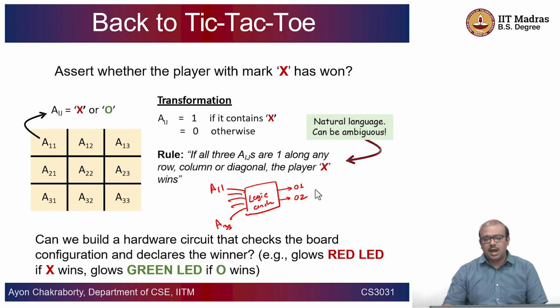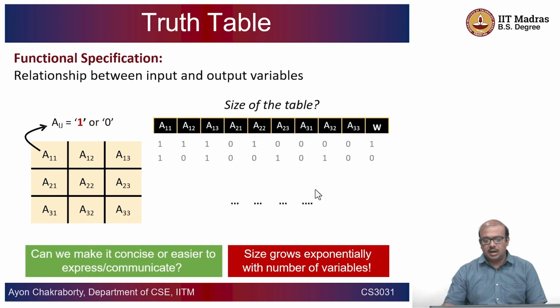So we have to create a functional specification of this particular circuit, and this is what is done by a truth table. So what does the truth table do? It implements the functional specification, the relationship between the input and the output variables.